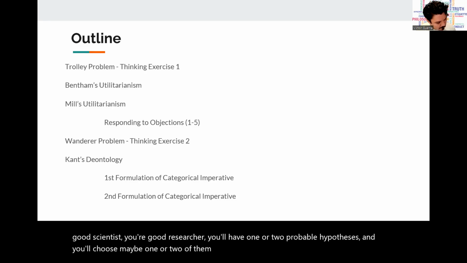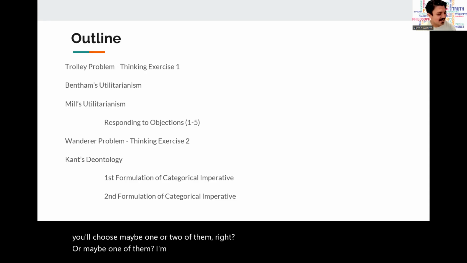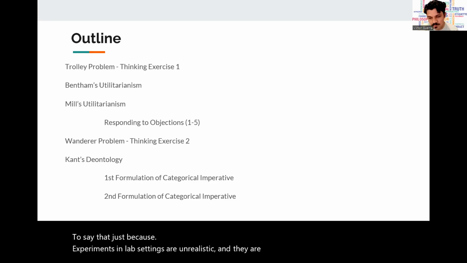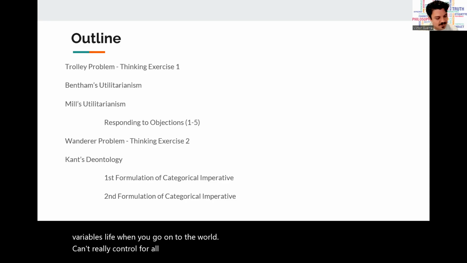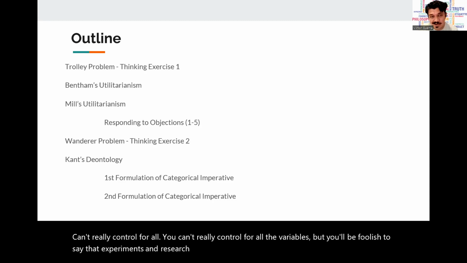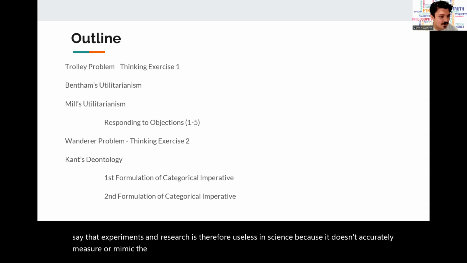It would be foolish to say that just because experiments in lab settings are unrealistic, and they are, because you control for all these variables, and when you go out into the world you can't control for all those variables, that research is therefore useless in science because it doesn't accurately measure or mimic the messiness of real life.